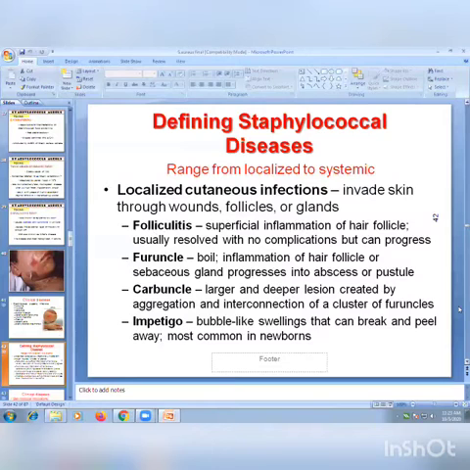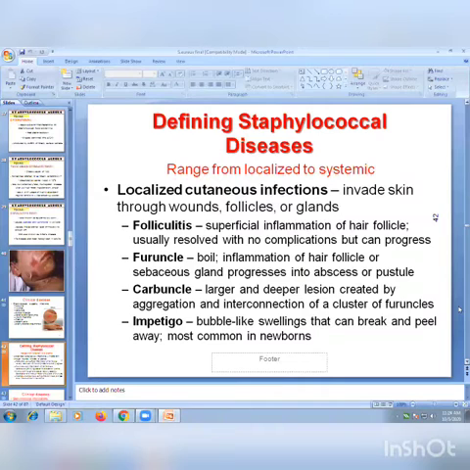Different staphylococcal diseases range from localized to systemic. So it causes localized cutaneous infections, invading skin through wounds, follicles or glands. Folliculitis is superficial inflammation of the hair follicles, usually resolving with no complications but can progress.